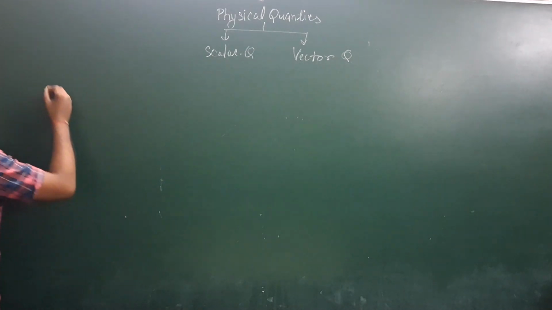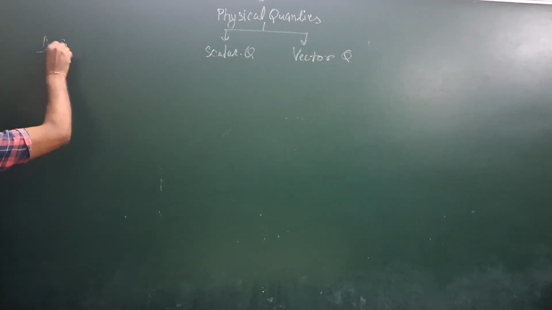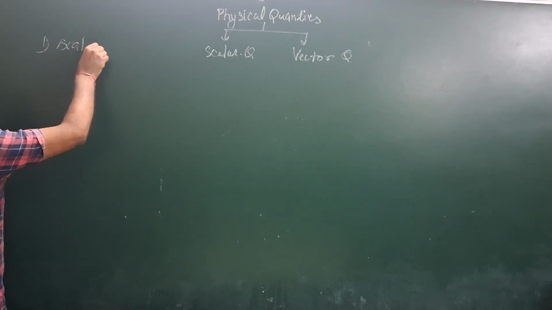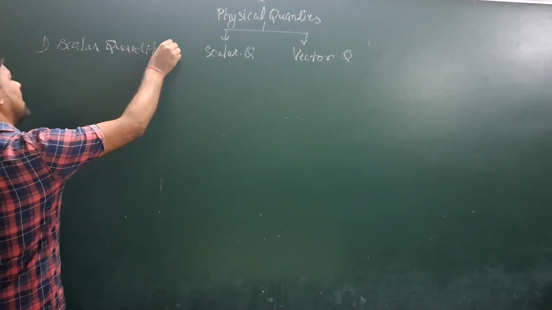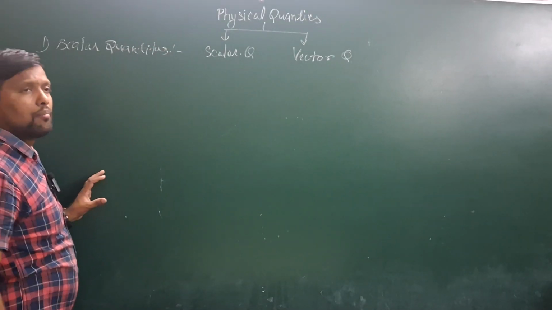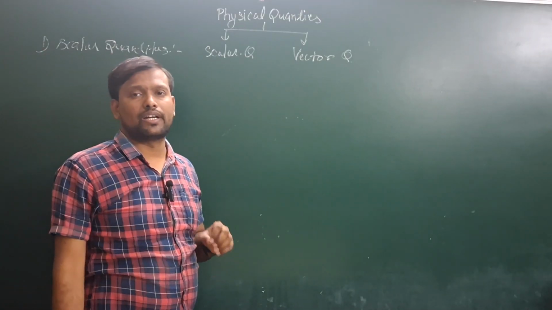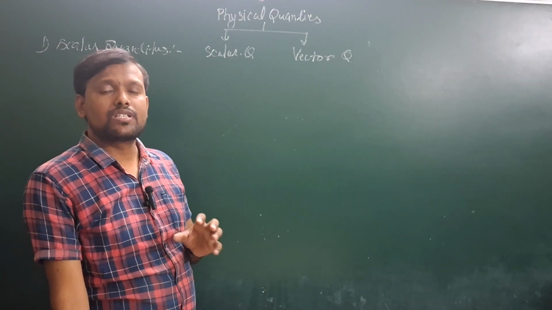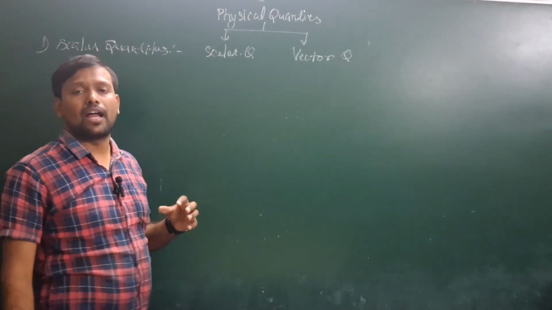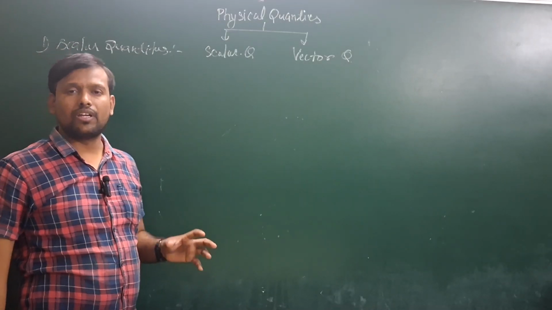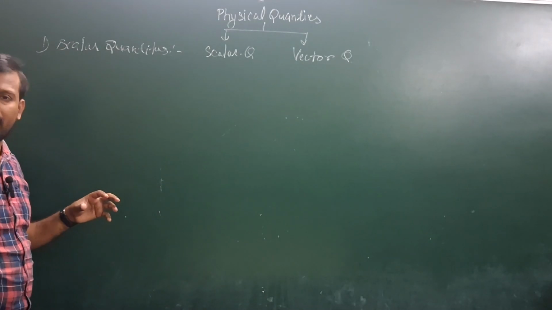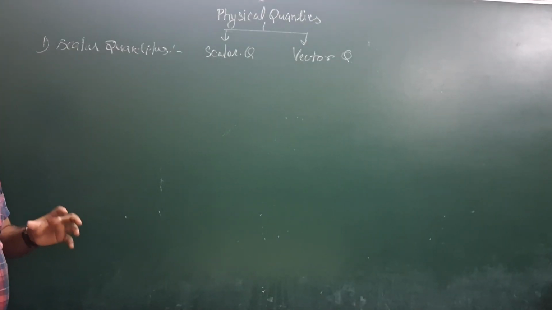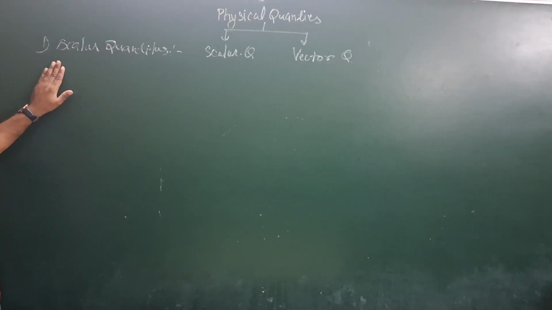Scalar quantities are physical quantities which have only magnitude and no direction. We need only the magnitude of the quantity and no direction; that is known as a scalar quantity.